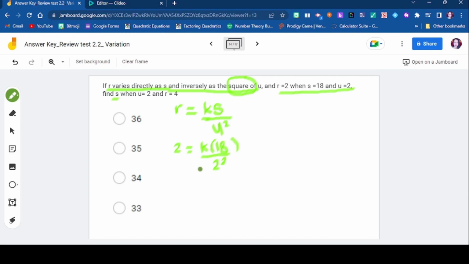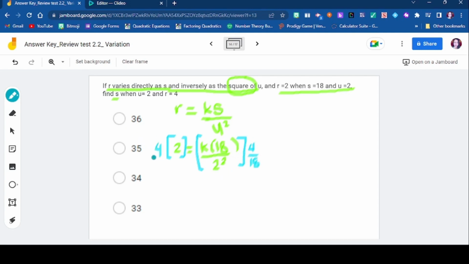Okay, so for us to find the value of K, what we need to do is to multiply both sides by the reciprocal of the number beside K. So again, what's the purpose? For us to find the value of the constant. So the reciprocal of this, 2 squared is 4, then over 18. So that's the reciprocal.